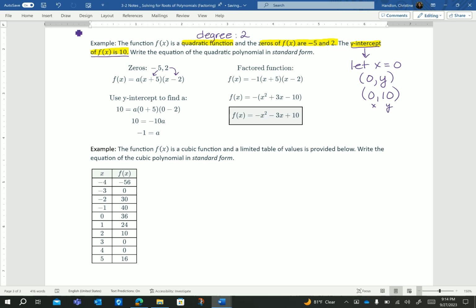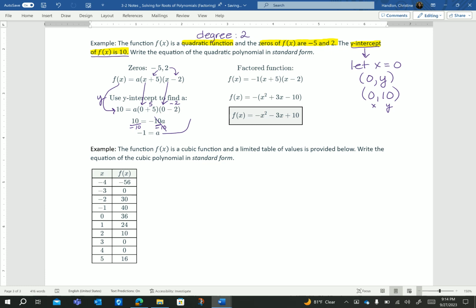So what I did is the f of x was replaced with a 10 because f of x is y, right? And every x was replaced with a 0. Okay, so you substitute. 0 plus 5 is a 5. 0 minus 2 is a -2, and when you multiply 5 times -2, you get -10. And then you had to divide both sides by -10 to isolate your a, and a is -1.